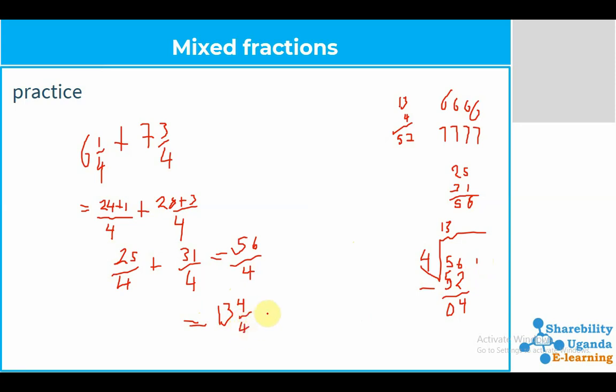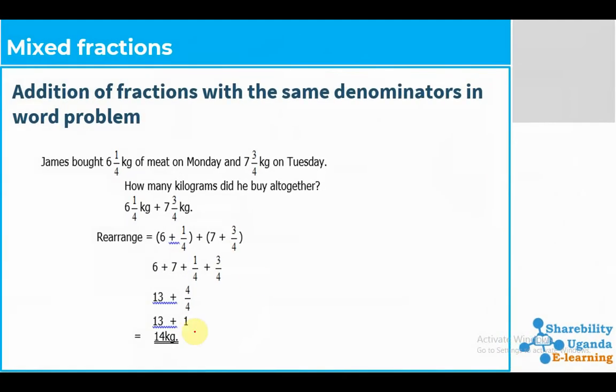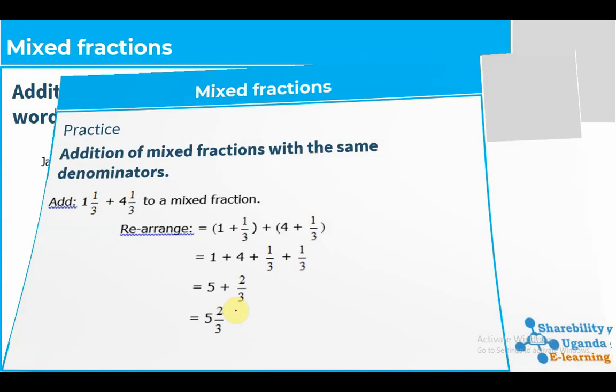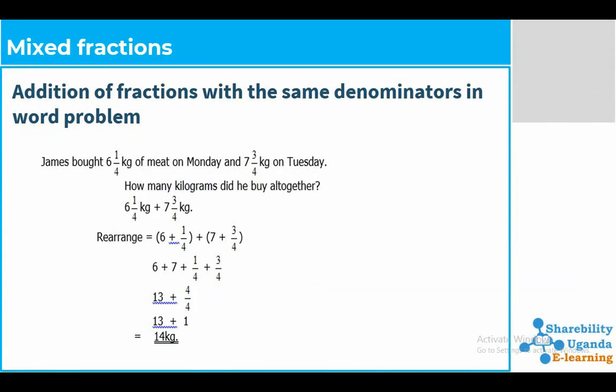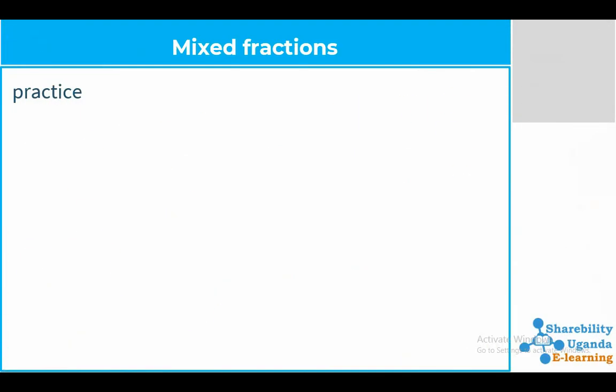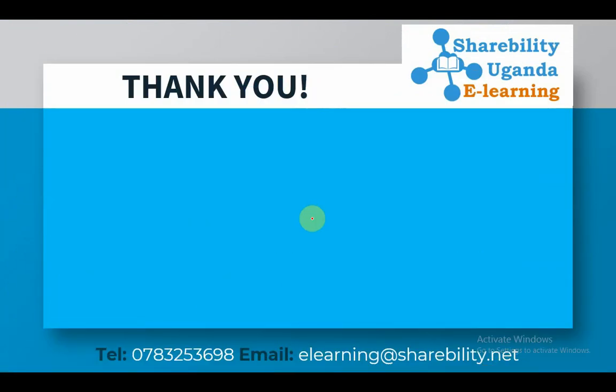So probably this could be our answer. So you can see that is how they come up with our answer. So in simple terms, that's how we can solve numbers of the same kind.